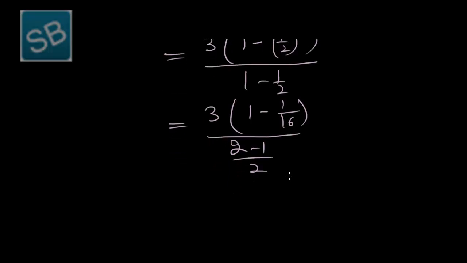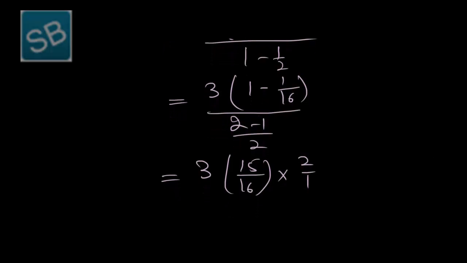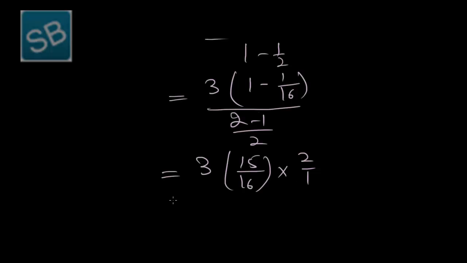So we get 3 into 16 minus 1, that is 15 over 16, into 1 over 2, it becomes 2 over 1. So we get 45, 5 into 3 is 45 and 2 into 8, we get 45 over 8. Therefore, S4 is 45 over 8. So these were the problems based on geometric series.